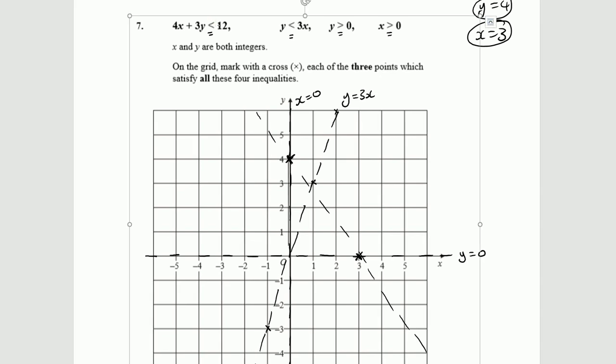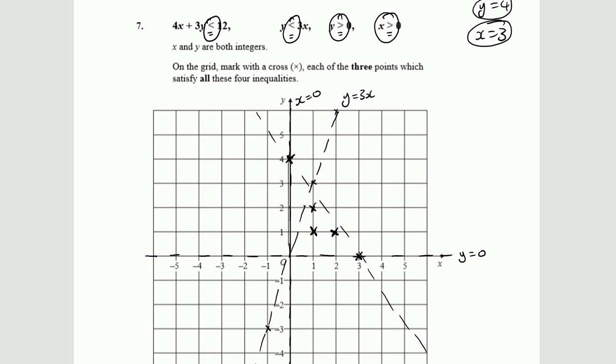I need to be below the other diagonal line as well, above this y equals 0 line, so above the x-axis, and I need to be to the right of the vertical line, so to the right of the y-axis. Predictably, I have to stay in this little triangle over here, and I can see 1, 2, 3 points that satisfy those conditions.